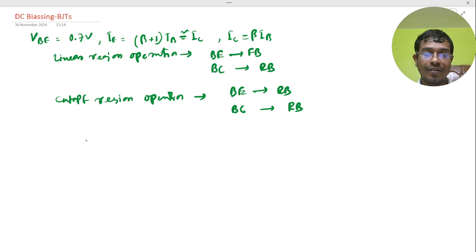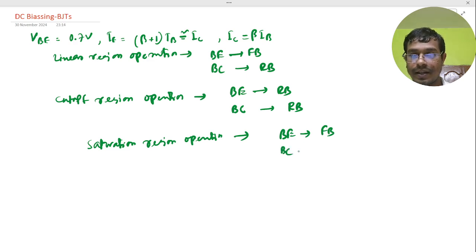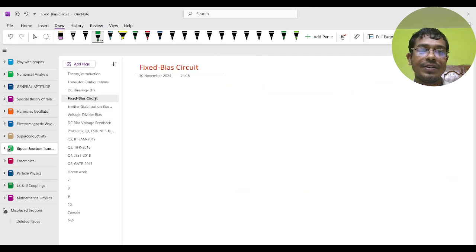And the third one is the saturation region operation, where the base emitter is in the forward bias and the base collector is in the forward bias.